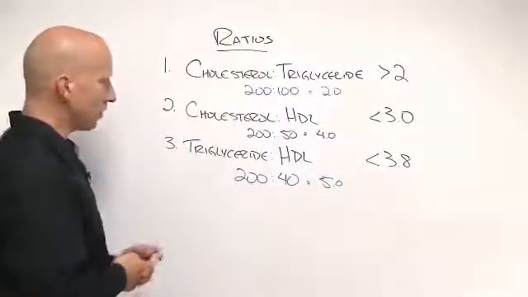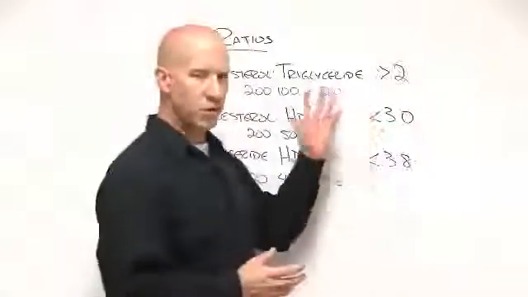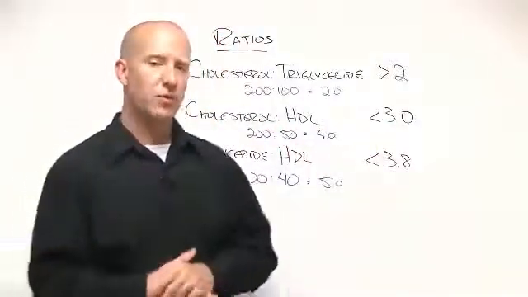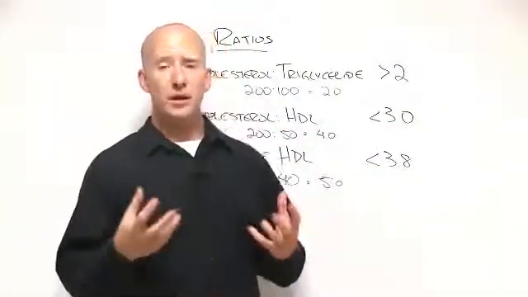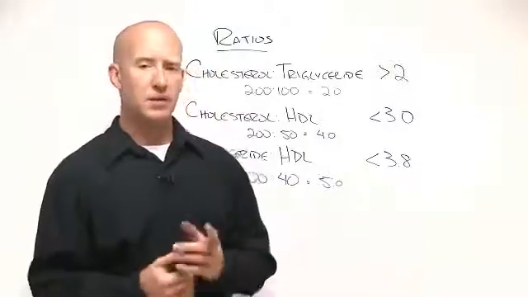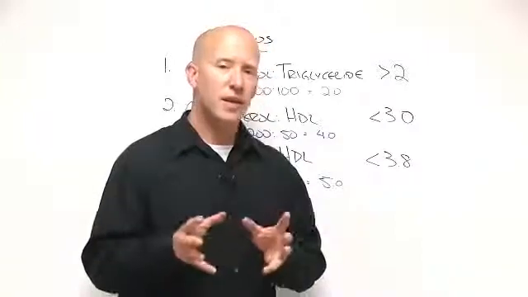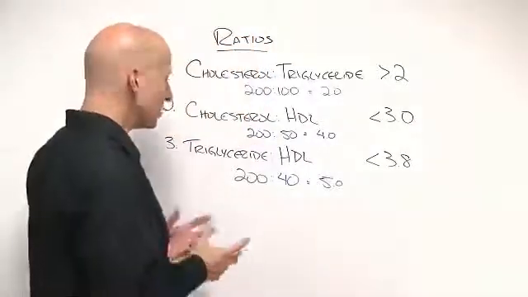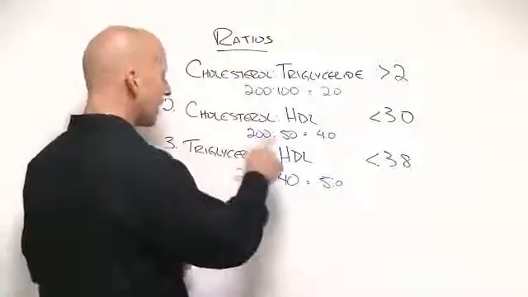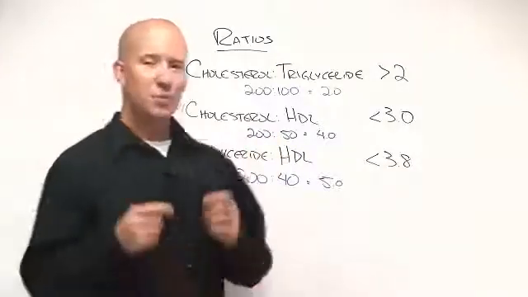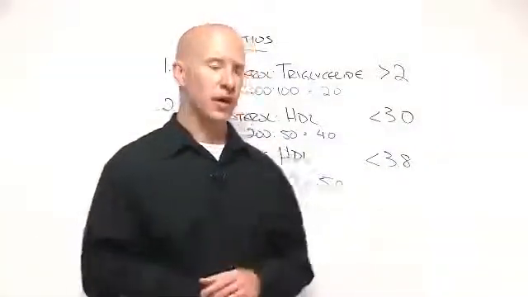And the last one's a pretty cool marker too, because, like I mentioned with that atherosclerosis model and how atherosclerosis takes place, LDL particle size does seem to matter to some degree. So while the LDL particle size is not measured on this panel, it doesn't really need to be, because there are some pretty interesting studies showing that the triglyceride-HDL ratio is predictive of LDL particle size.